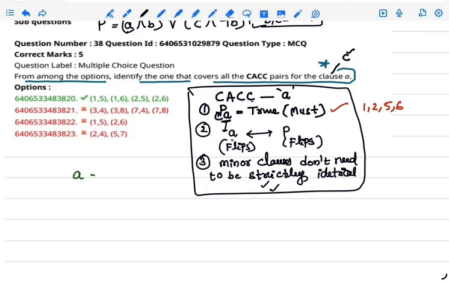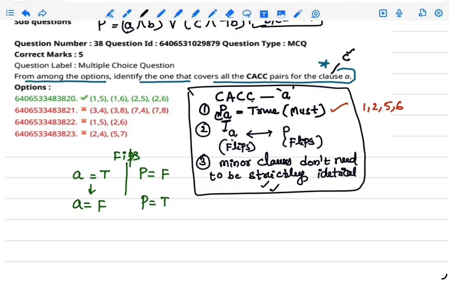For example, if A is true and P is false, flipping means A changes to false and P changes to true.